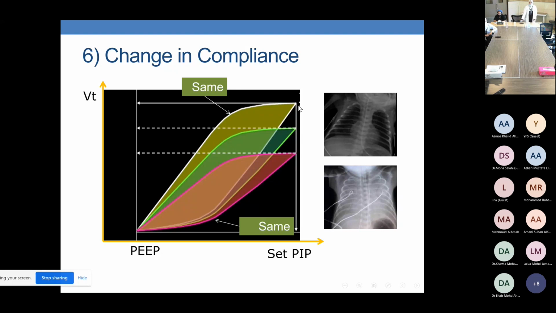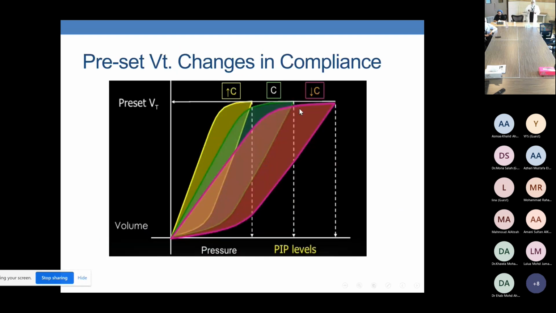But when you put the VG, there will be auto-weaning. Because there is improvement in the compliance of the lung itself, and you put the same volume guarantee, the pressure needed is improving with time. So there will be auto-weaning of the pressure needed.